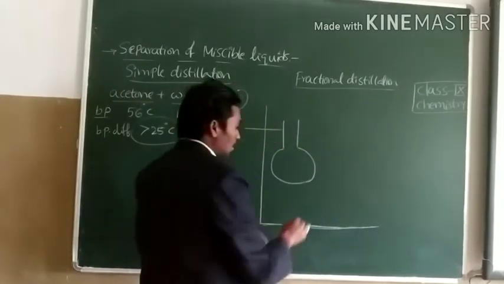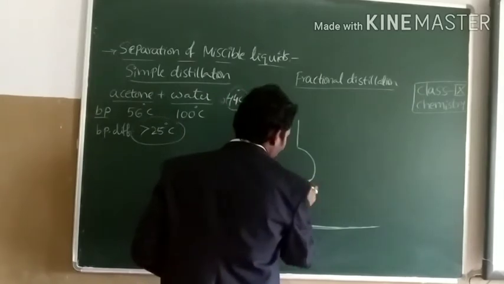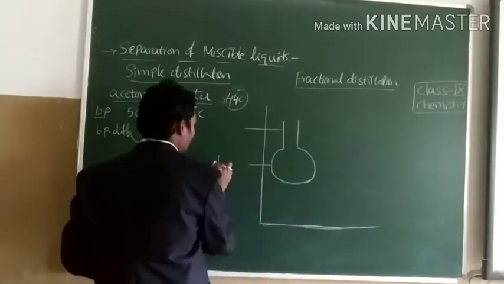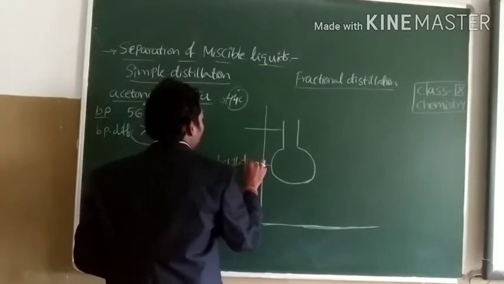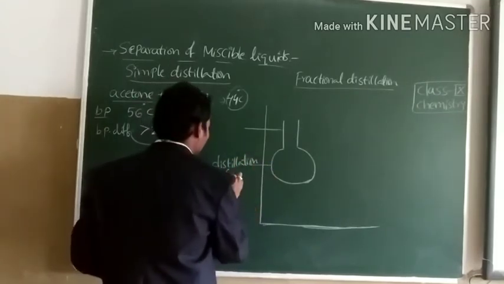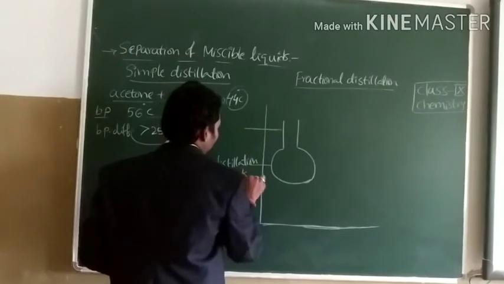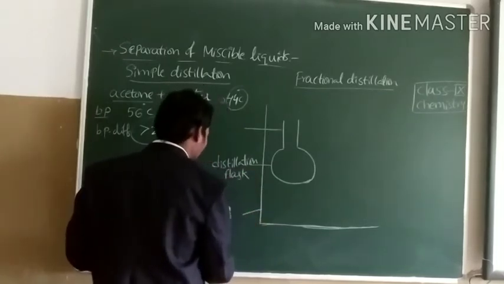It is an RB flask or distillation flask, children. This is the short stand.